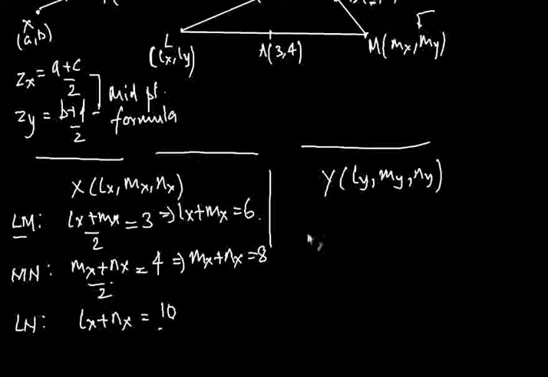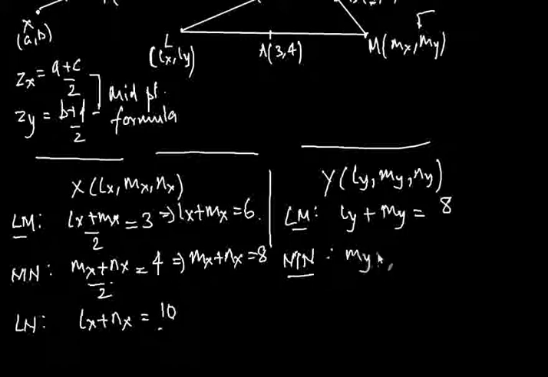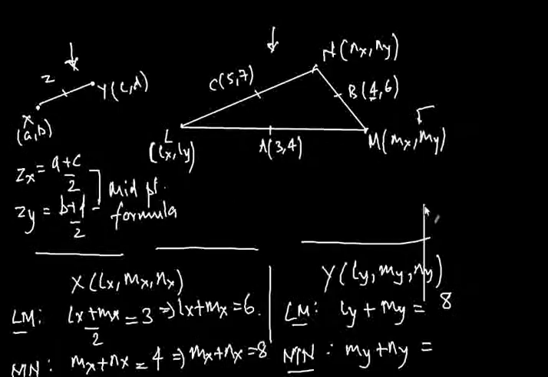Now let's go ahead and do the same thing for y. If we look at line LM, then Ly plus My is going to be 2 times 4, which is equal to 8. If we look at line MN, then My plus Ny is going to be 2 times 6, which is 12.